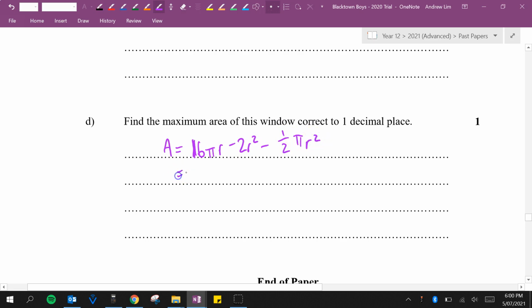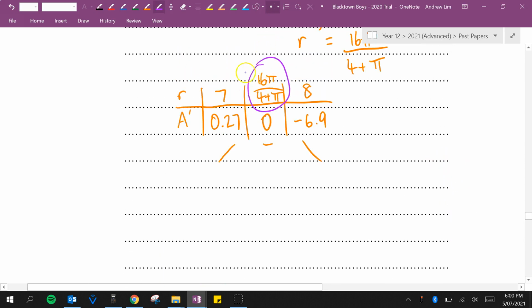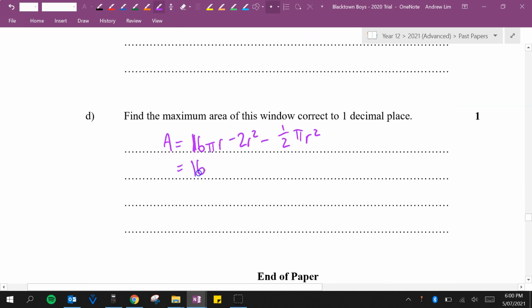And the maximum area is when the radius is 16 pi over 4 plus pi. So 16 pi times 16 pi over 4 plus pi, minus 2 lots of 16 pi over 4 plus pi squared, minus half times pi times 16 pi over 4 plus pi squared.